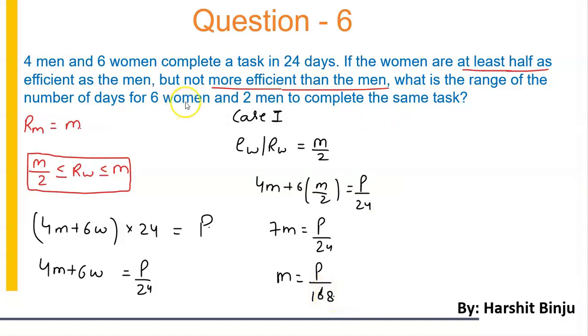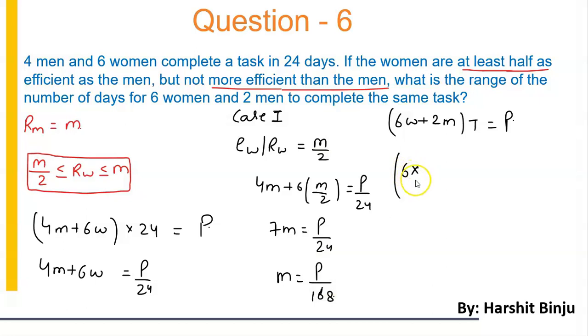Now for case number 1, what is the range of number of days for 6 women and 2 men to complete the same task? So we have 6w plus 2m multiplied by time, and that is equal to P. Now we're taking the first case when the rate of women, or w, is equal to m by 2, and m is coming out to be P by 168.